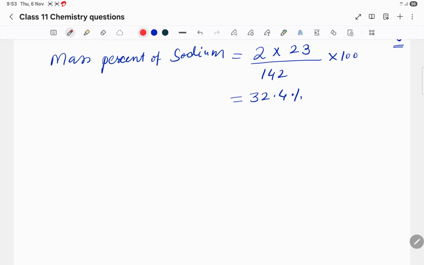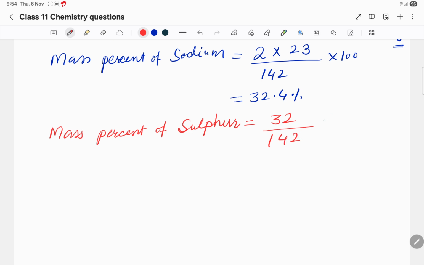Let's calculate mass percent of sulfur. So there is only 1 sulfur, okay, and 1 sulfur weighs around 32 grams, or we are talking about 1 mole of sulfur, so that's why grams, okay. 142 is divided and multiplied by 100.